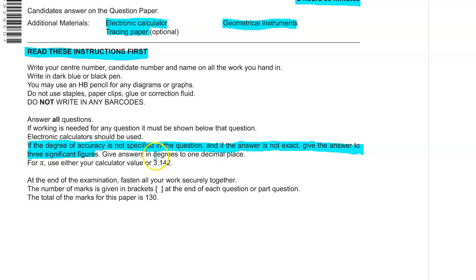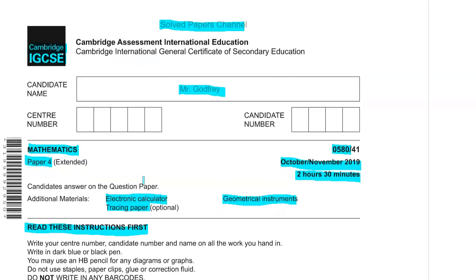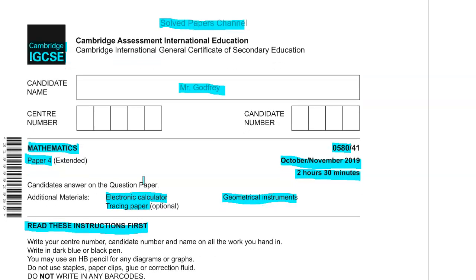For degrees, give to 1 decimal place. If you are to use pi, use your calculator function or the value 3.142, and this paper is 130 marks. So that's it. Cambridge International General Certificate of Secondary Education.